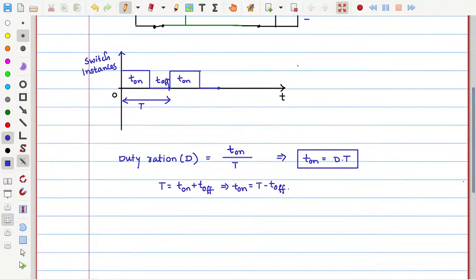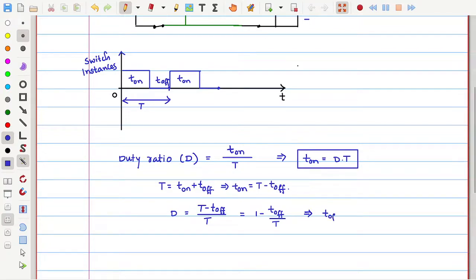Then if I substitute T on in terms of T off, I get the duty ratio equal to T minus T off divided by capital T. So you can see I can write this as 1 minus T off divided by capital T. Now from this we can also write T off, just to simplify this.